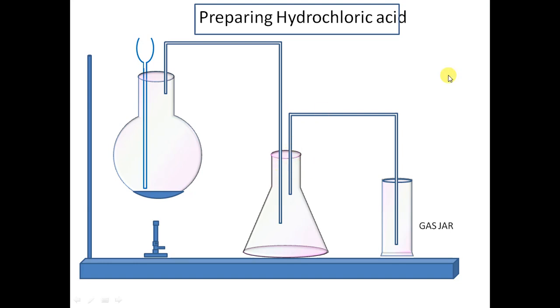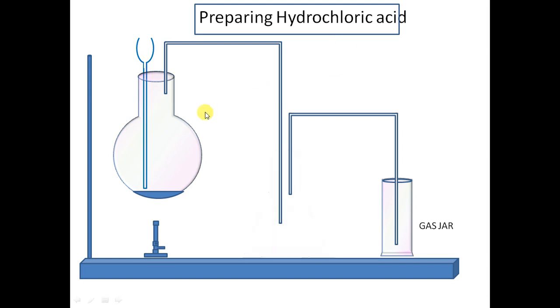Here you can see a slide in which the method of preparation of hydrogen chloride gas in the laboratory is given. The diagram in front of you shows the apparatus arranged for the laboratory preparation of hydrogen chloride gas.